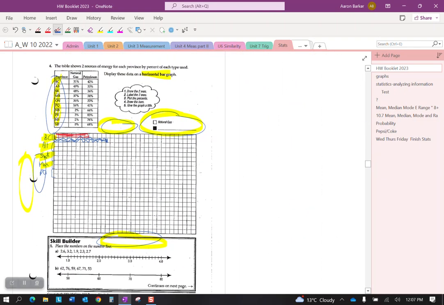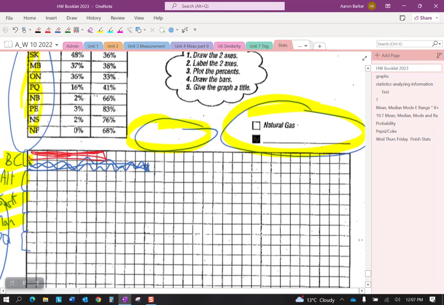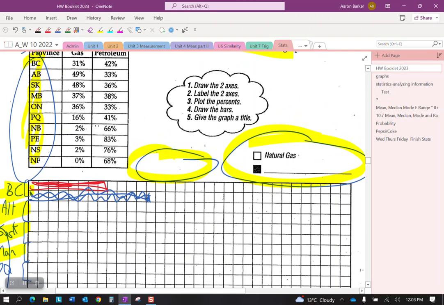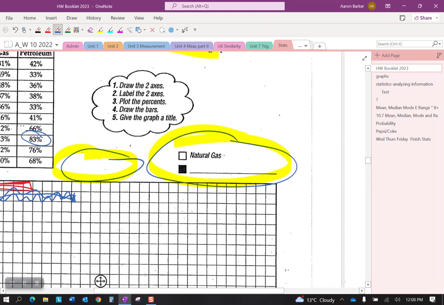So your top percentage, looking through numbers, what's your top number? 83% there. Anything higher than 83? No. So for your scale, you can write this down. You'll take 83, your highest number, divided by the number of bars, or number of lines, the number of squares.